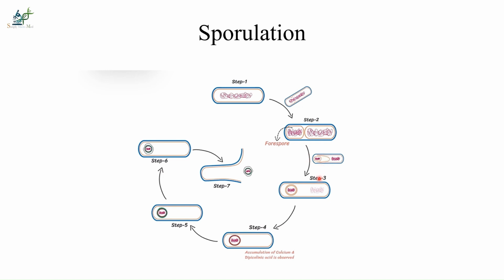In the third step, we can see the two-layered plasma membrane, and in step 4, the cortex is formed between this plasma membrane, and also calcium and dipicolinic acid can be observed here. In the 5th step, the protein coat is formed, and in the 6th step, the maturation of the spore will occur. At last, the liberation of the spore will be seen in this last step.